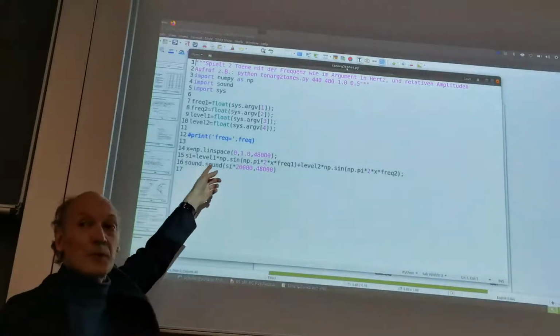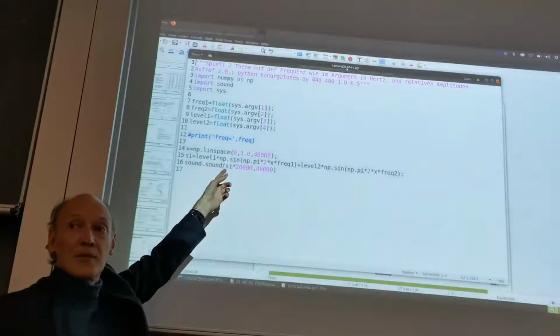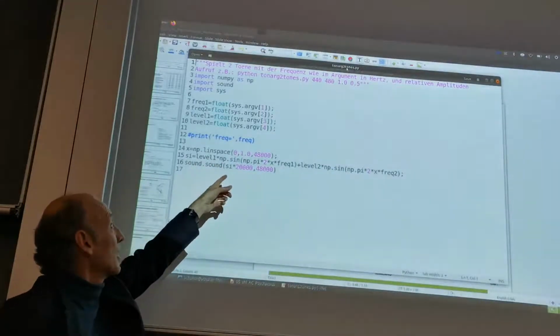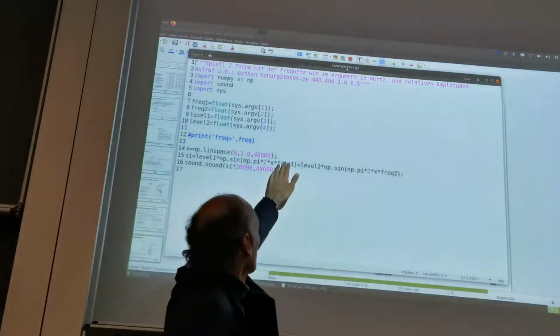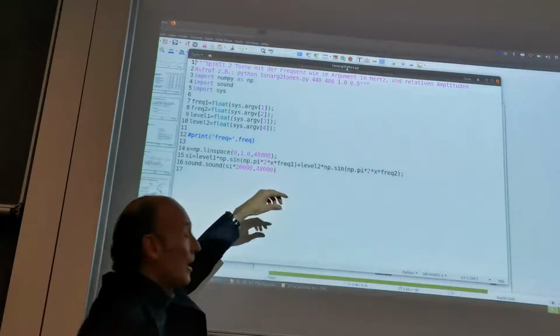Everybody familiar with linspace? If you apply the sinusoid to 2 pi x, then you get 1 period, because x goes from 0 to 2 pi.